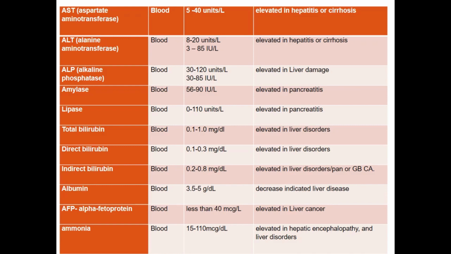And albumin is an indicator of nutritional status. Know that the level is 3.5 to 5. The AFP is a liver cancer indicator. Ammonia is a liver disorder indicator, and it is elevated in patients who have severe liver disease.